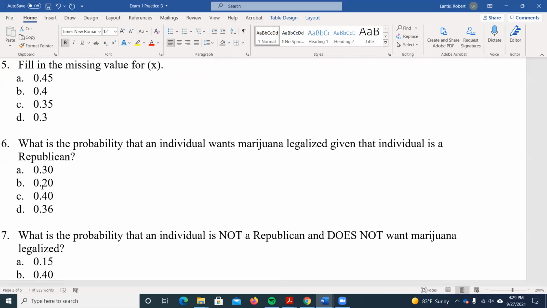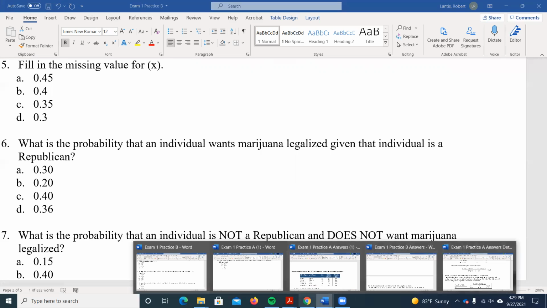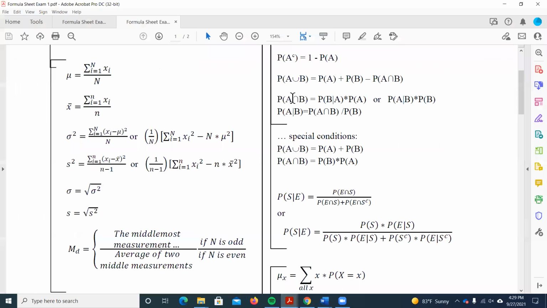That the individual is a Republican, and my shorthand for that was R. On the exam you could just write the word out. So given that information, what's the probability that they want marijuana legalized? LM, or marijuana legalization equal to yes, however you want to write it out. So I've got this conditional probability, kind of like the earlier one I showed you where we couldn't use the easier equation.